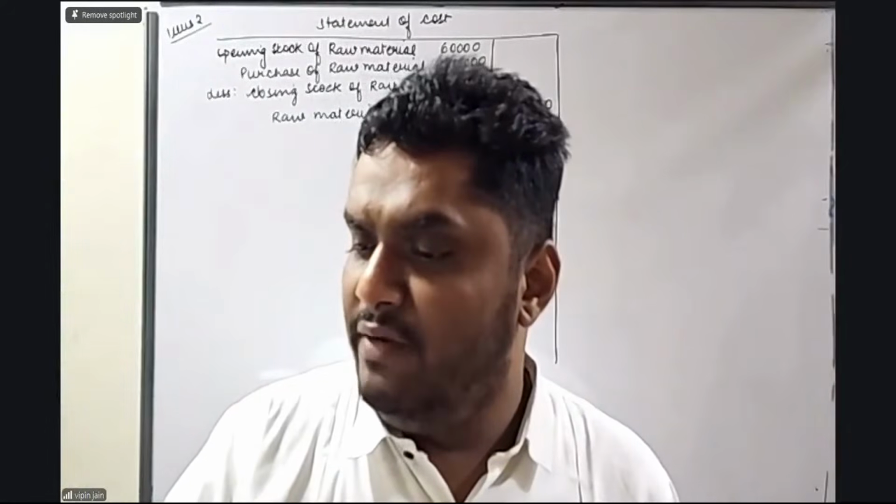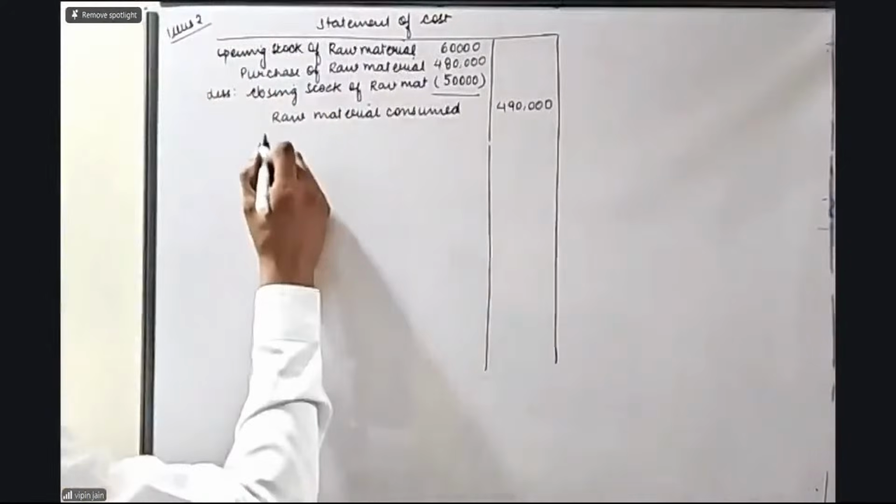In this, we will add direct wages paid, that is 2,40,000.